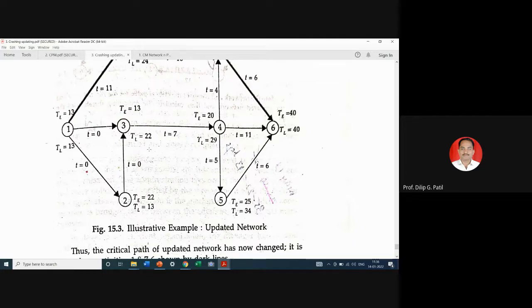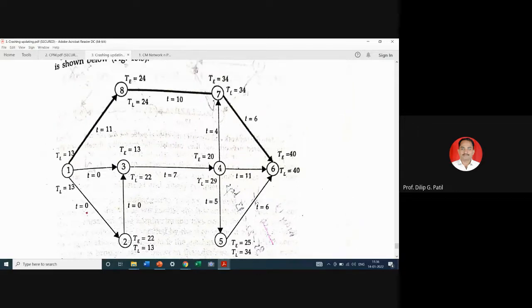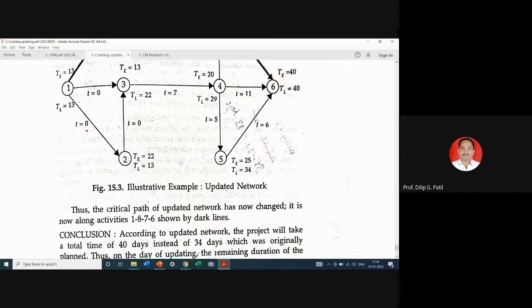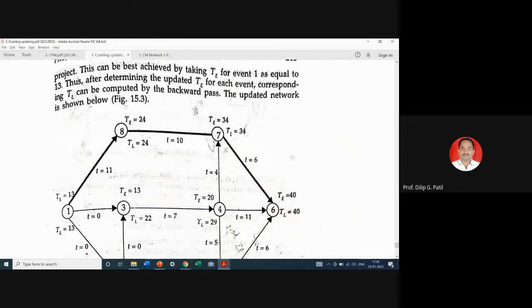Similar kind of questions can be asked, or in short, in gate examination also some typical questions will be asked. What is the change in the project duration? Then change in project duration as well as what is the remaining duration of the project.